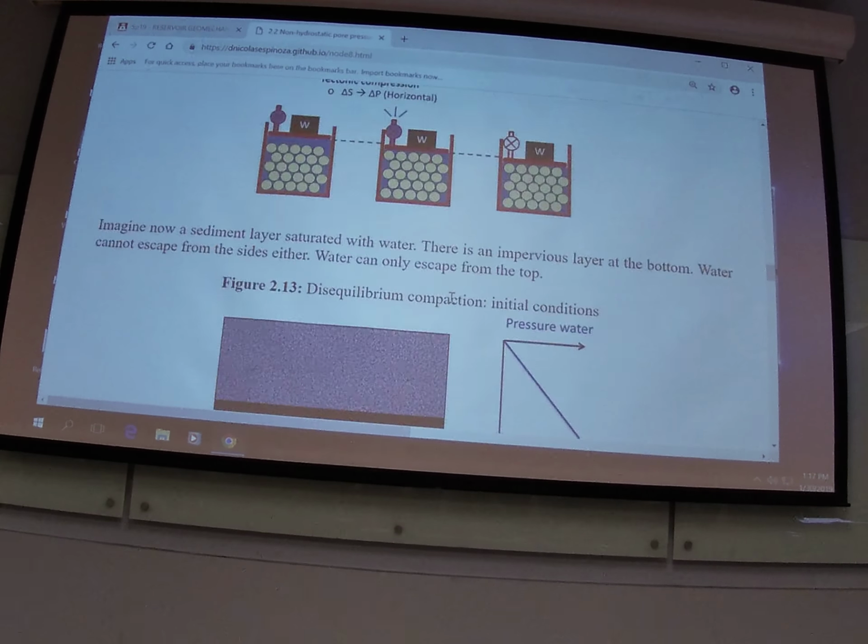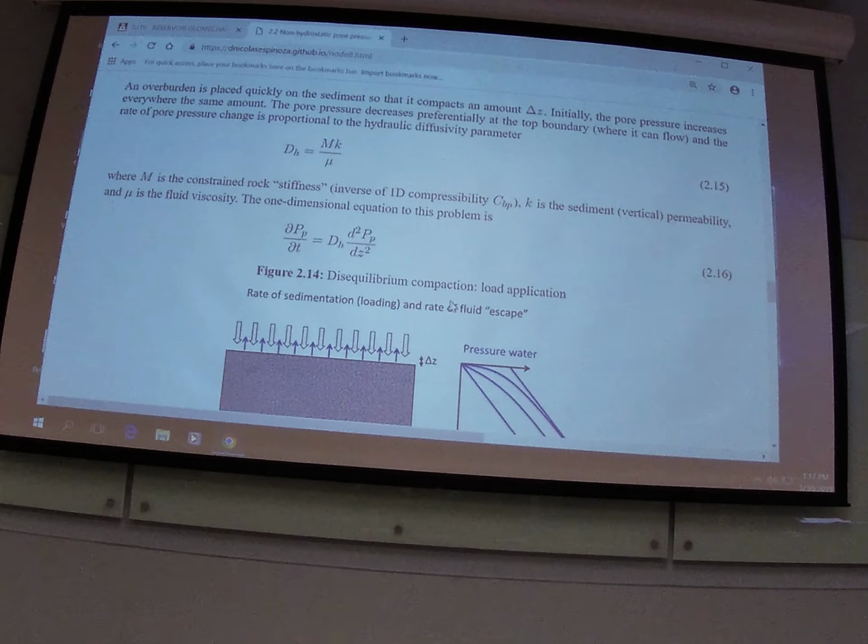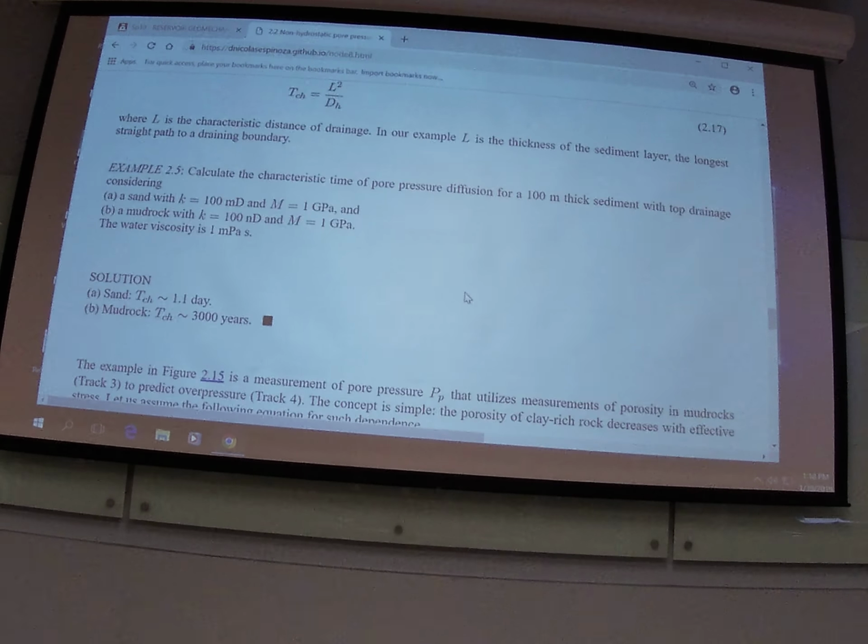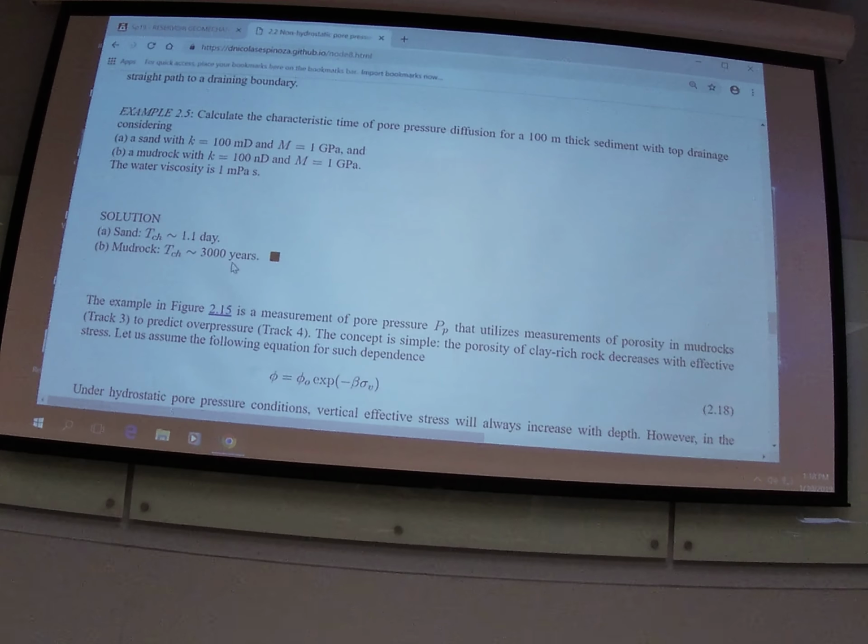There are three things I want to say. First one, just to give you an idea, if you had a layer made out of a very low permeability material, like a mud rock with 100 nanodarcy permeability, and it's 100 meters thick, which is 300 feet, it would take about 3,000 years for the pore pressure to dissipate.